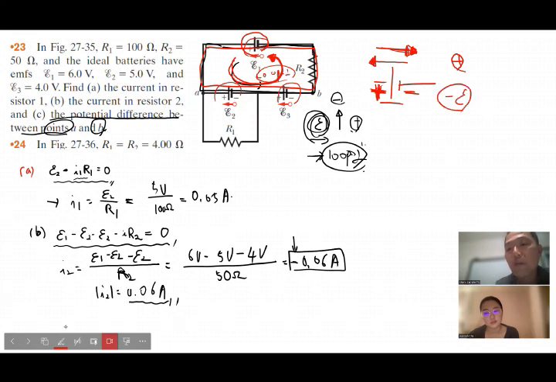So it's pretty relative, actually, the sign, because you see that this one, E1, is the same direction as the loop you set up, and E2 and E3 are in the opposite direction of loop 2. Okay. See that there are three batteries, right?